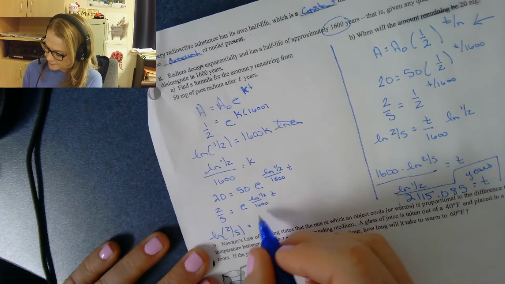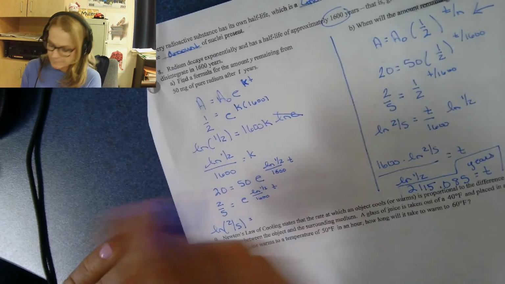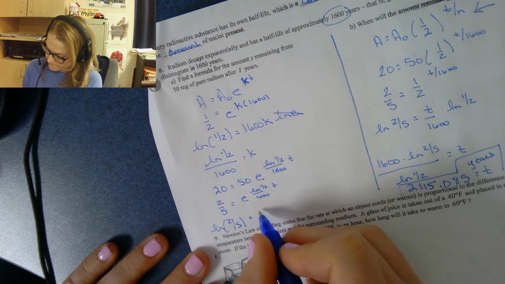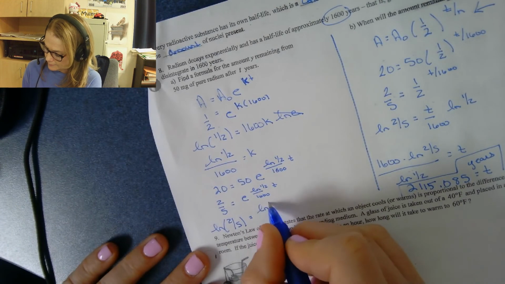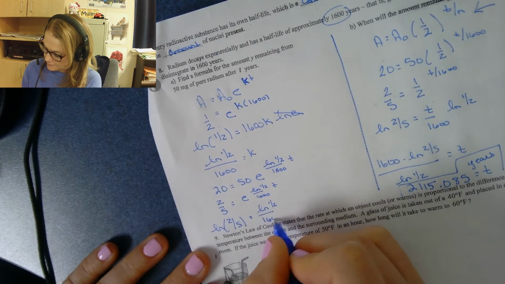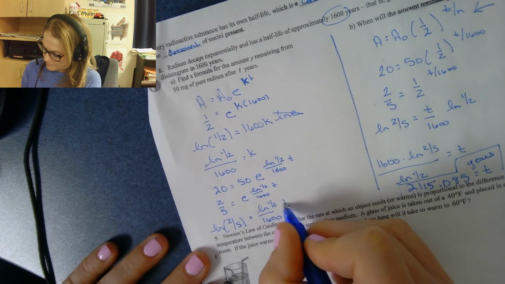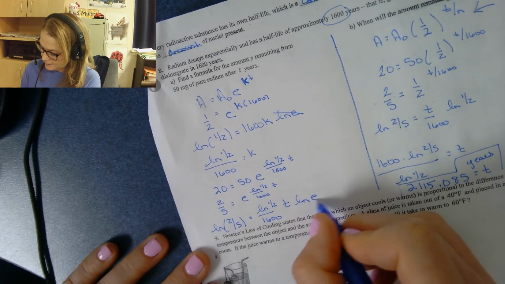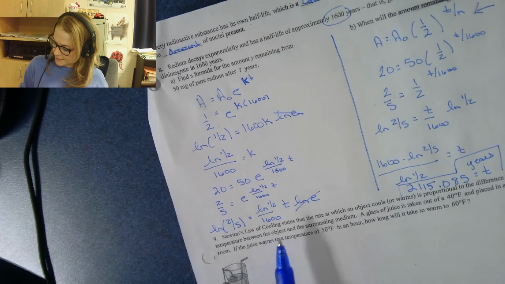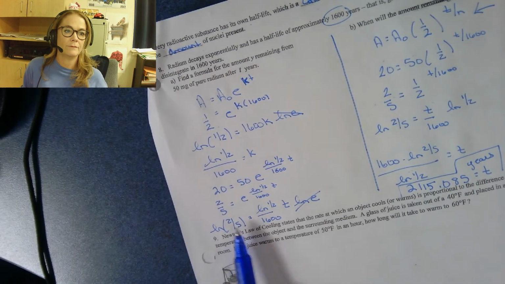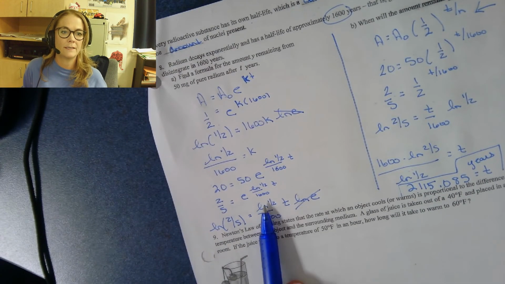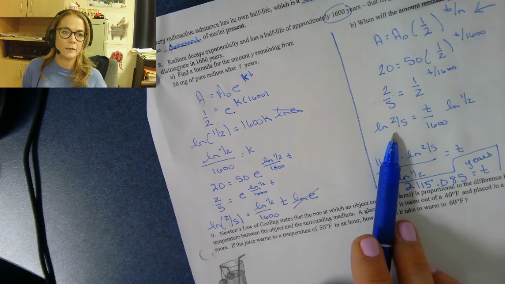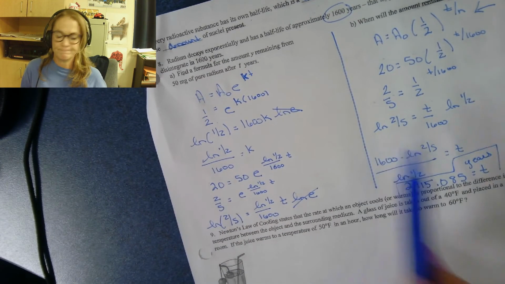That's going to pull that exponent down: ln of one half over 1,600 t, ln of e. You can see exactly what's going to happen here. I'm going to get ln of 2 over 5 times 1,600 divided by ln of one half, which looks extremely familiar to this.